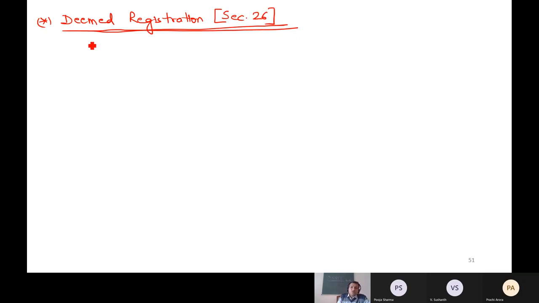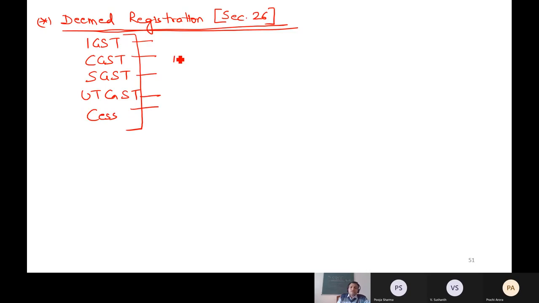Now, under GST, there are so many taxes paid: IGST, CGST, SGST, UTGST, compensation cess, etc. For these different taxes, you don't need separate registration. Single registration is sufficient. I don't need separate registration for paying integrated tax. I don't need a separate registration number for paying central tax, state tax, union territory tax, or compensation cess.